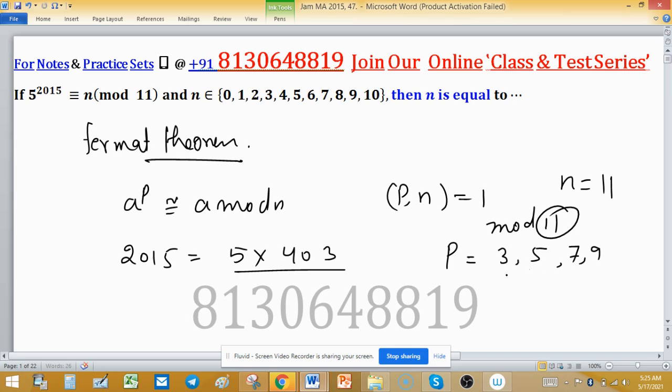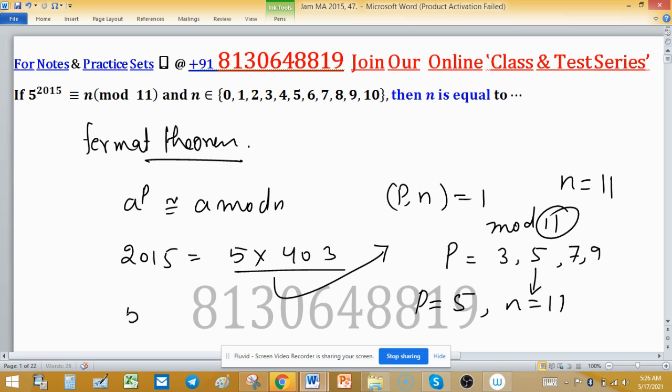But we have to choose only 5, because 3, 7 and 9 are not factors of 2015, so 2015 cannot be written as a product of those. So we have only one choice for p. So consider p as 5 and n as 11.